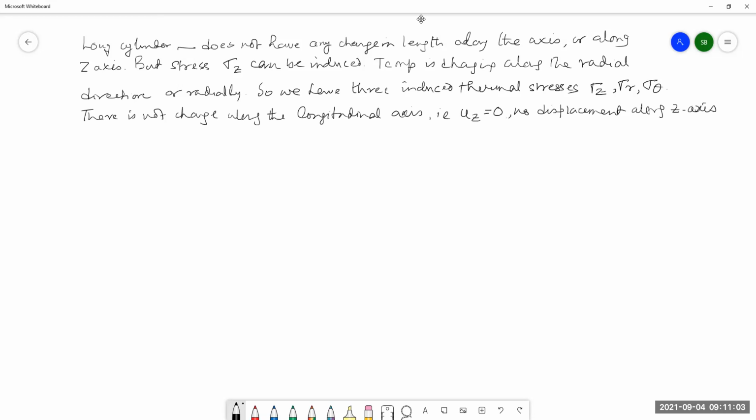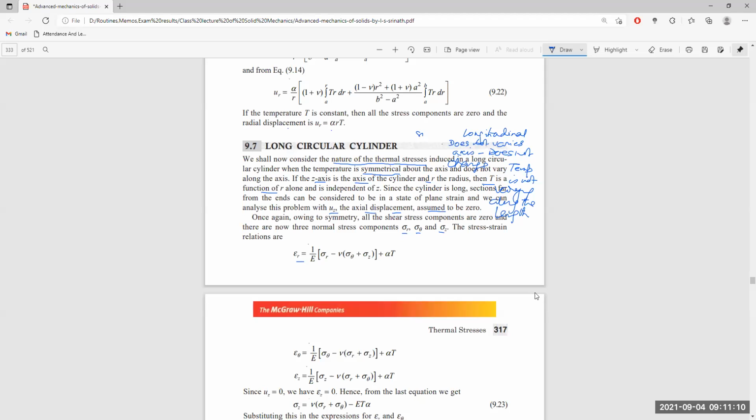Thus we have three stresses: sigma r, sigma theta, sigma z. The stress relation will be epsilon r, the elongation along the radius, equal to 1 by E times sigma r minus nu times sigma theta plus sigma z, plus alpha into T, where alpha is the coefficient of thermal expansion, T is the temperature along the radius, nu is the Poisson's ratio, and E is the Young's modulus.